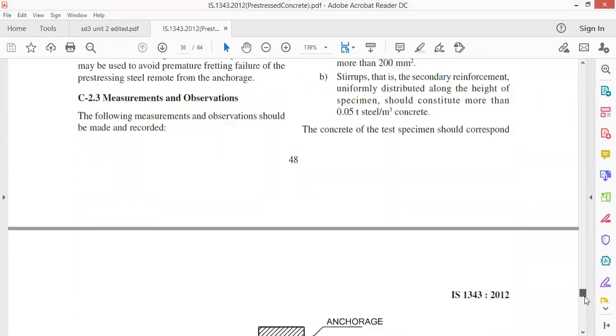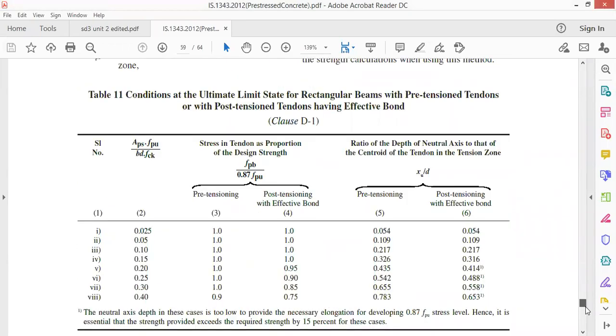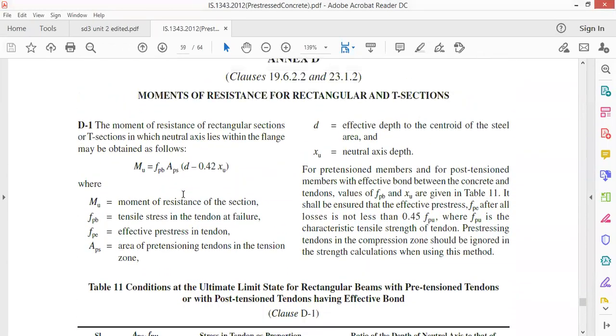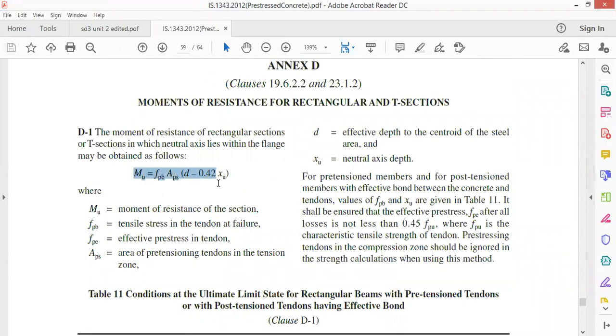So here on page number 51 we have the equation which I just mentioned. This is the moment of resistance of the section. FPE, what is FPE? It is the effective pre-stress in the tendon. There is a difference between pre-stress and effective pre-stress. Effective pre-stress means it is considering all the losses.